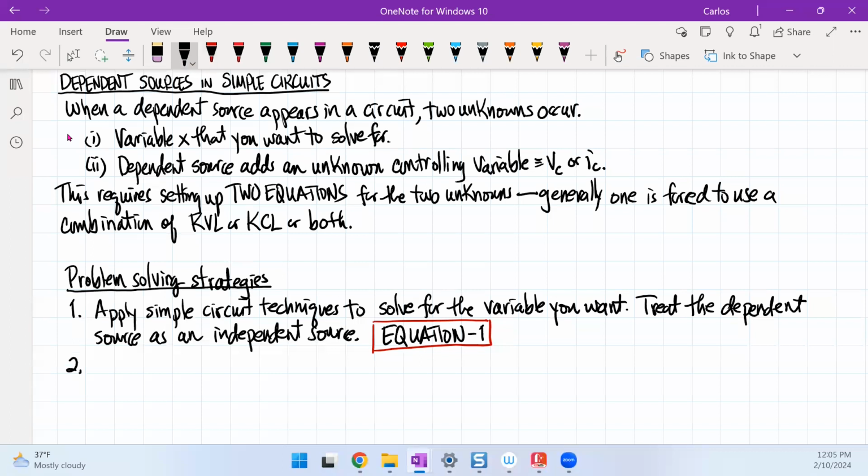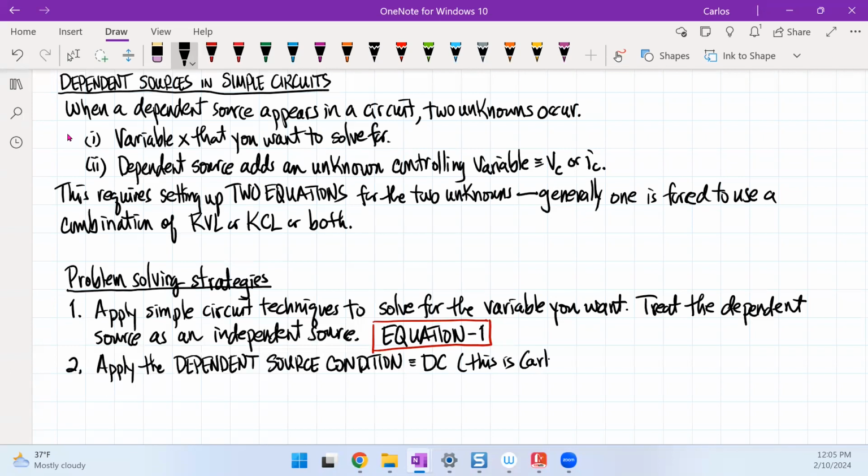2. Apply the dependent source condition, which is typically called a DC, a dependent condition. Again, this is Carlos's language. Okay, it's Carlos's language, not anybody else's.